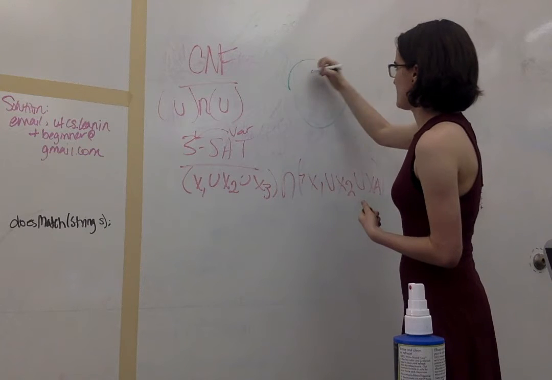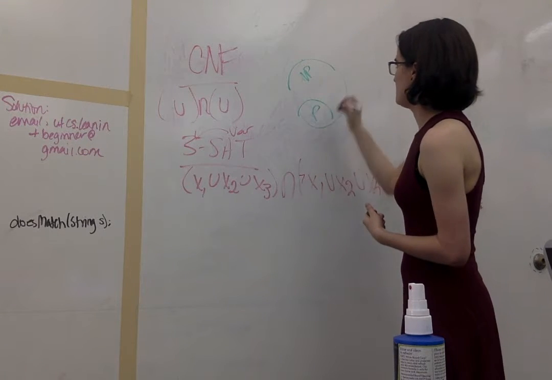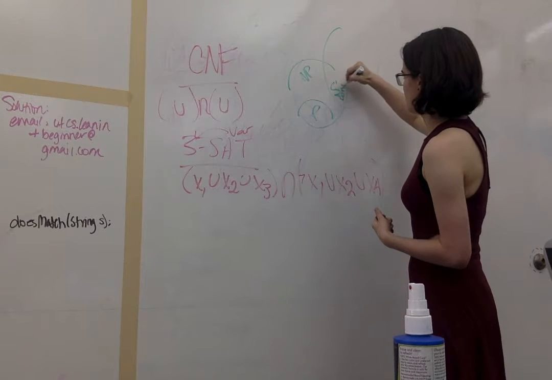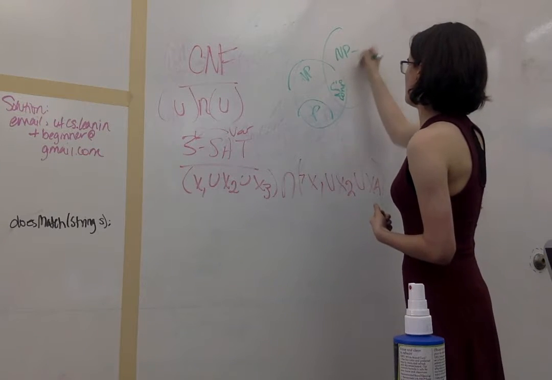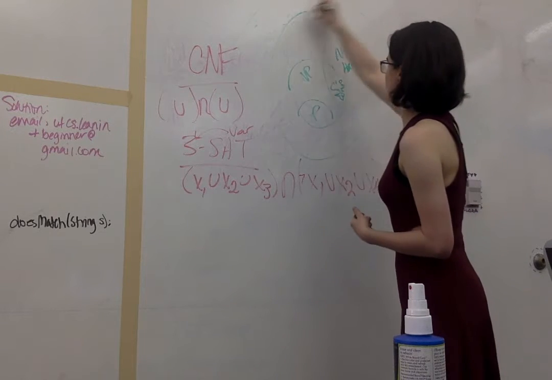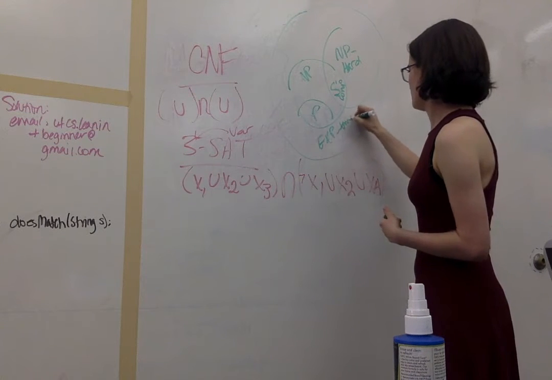Okay, so this is NP, right? And then this is P, and then there's NP complete, and then there's NP hard, right? And obviously all of this is part of exponential time, right?